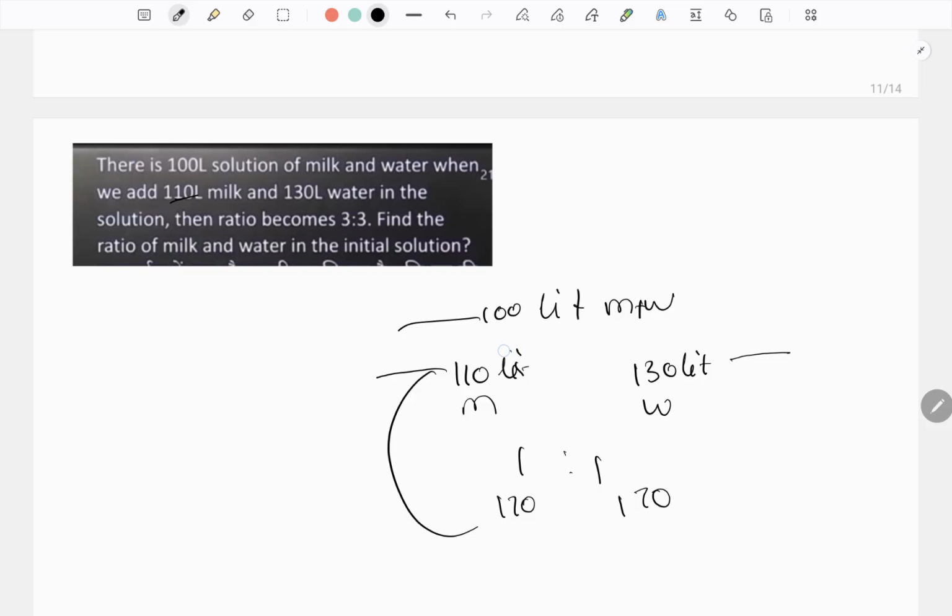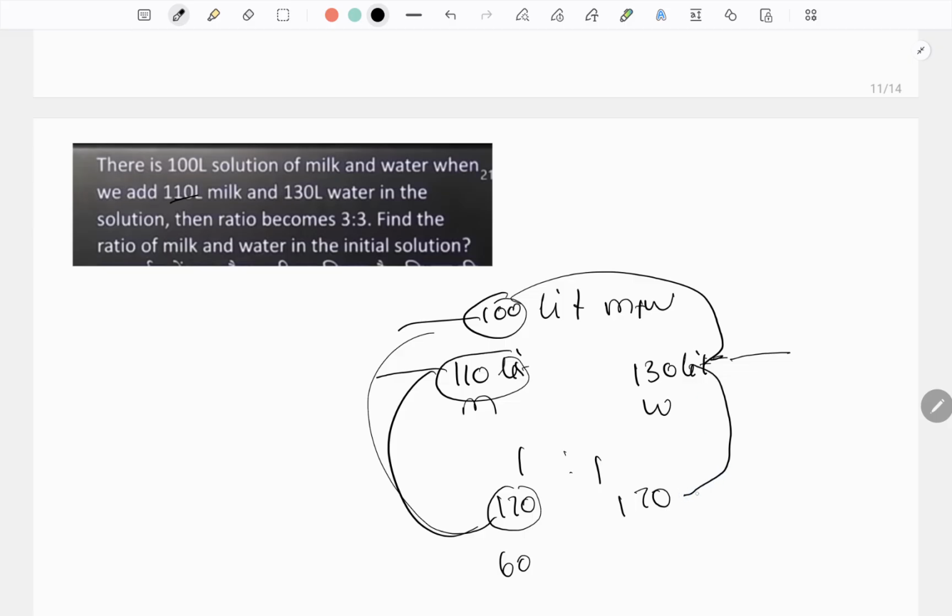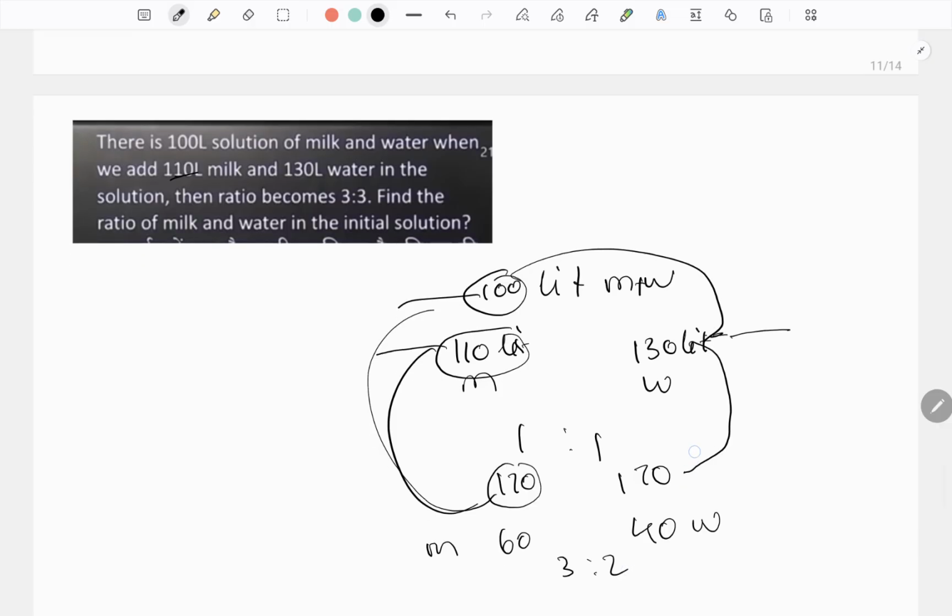Initially, from 110 liters of milk it becomes 170, means initially 60 must be milk. And out of 100 we added 130 of water, means now it becomes 170, 130 to 170 is 40, so initially it must be 40. So this is milk and this is water. The ratio is 3:2.